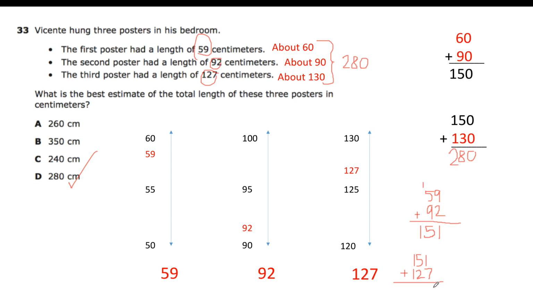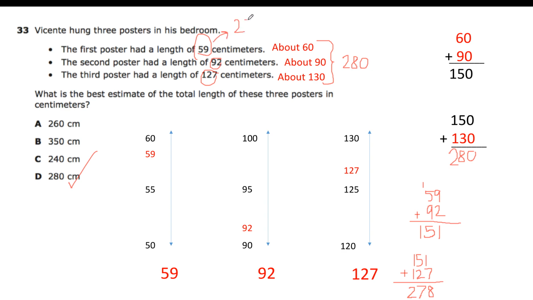One plus 7 is 8. 5 plus 2 is 7. 1 plus 1 is 2. So I get 278. So between these numbers, I'll draw an arrow, I get 278.